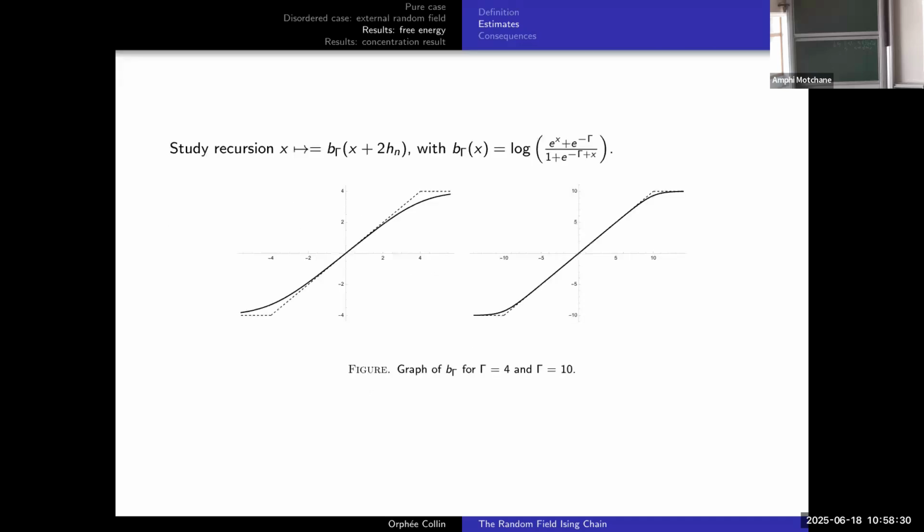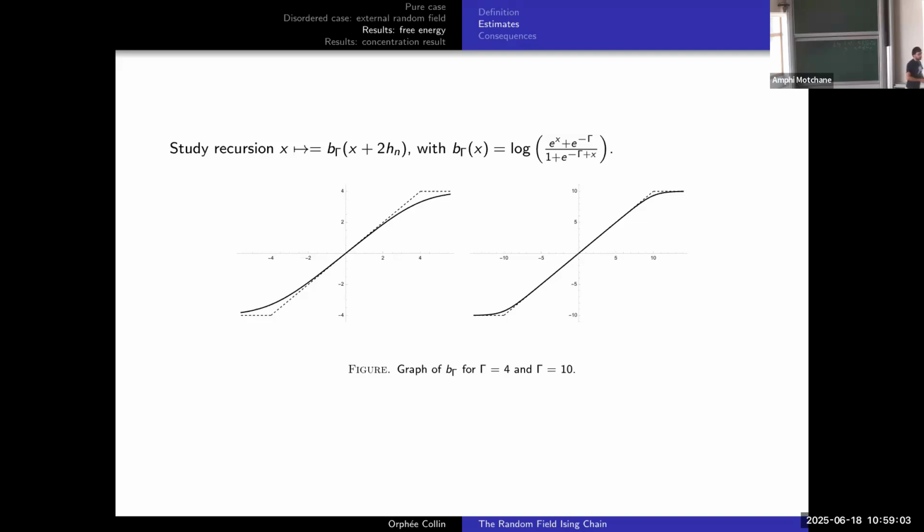So let me show you first what is b gamma. As you can see, here for gamma equals 4, gamma equals 10, there are two asymptotes, so it converges to minus gamma at minus infinity and to plus gamma at plus infinity. And in the bulk of the system, not too close to minus gamma and gamma, it's essentially the identity function.